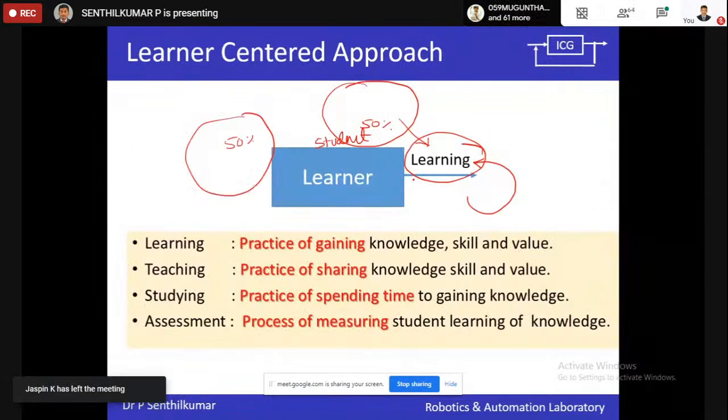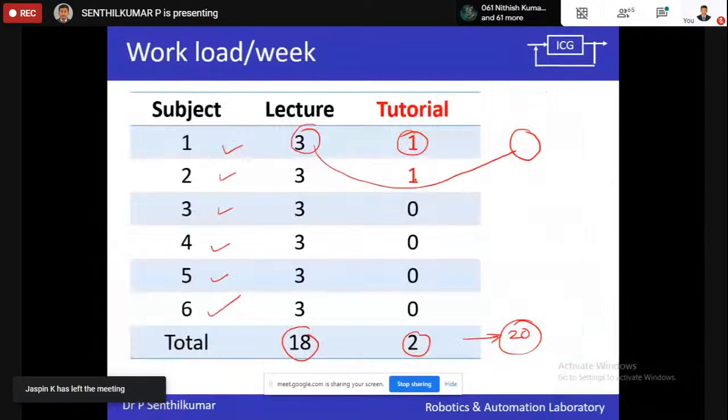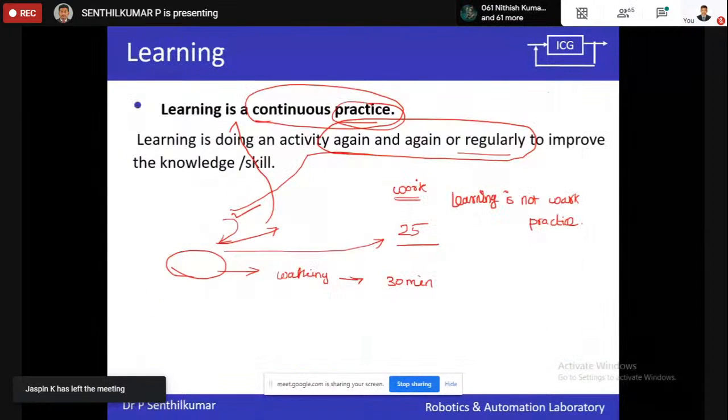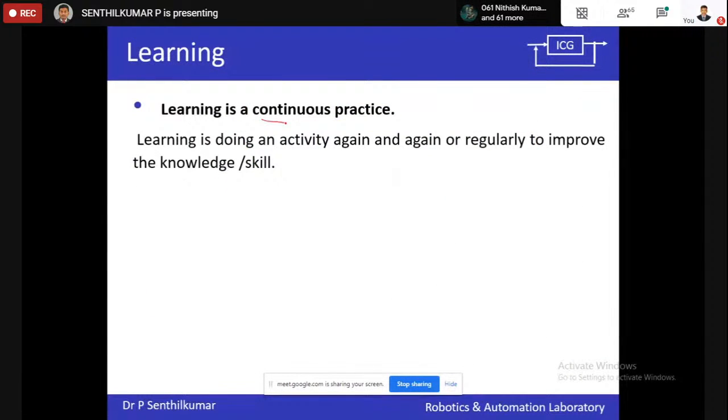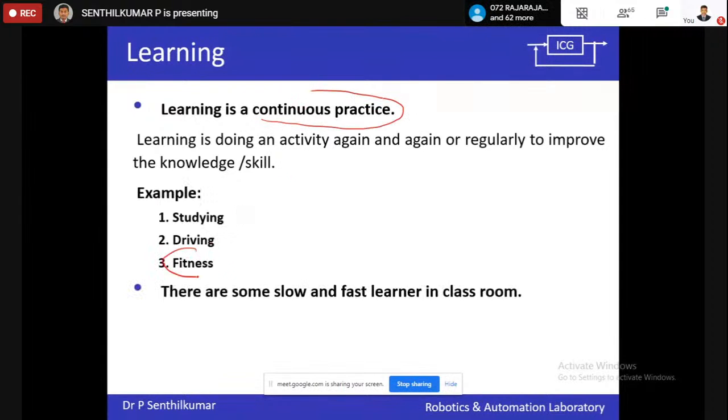Learning, 2 things I want to mention. Same content. Learning is a continuous practice. Example, you can take fitness. Unless you do exercise daily, you can't maintain fitness. Likewise, whenever you want to learn knowledge from college, you have to study each and every day.